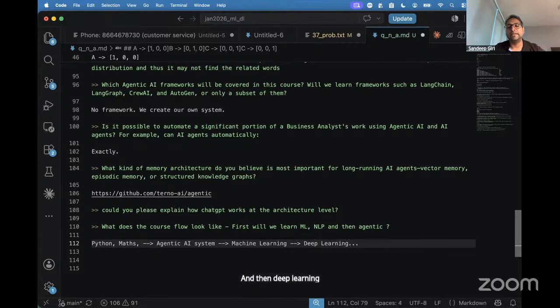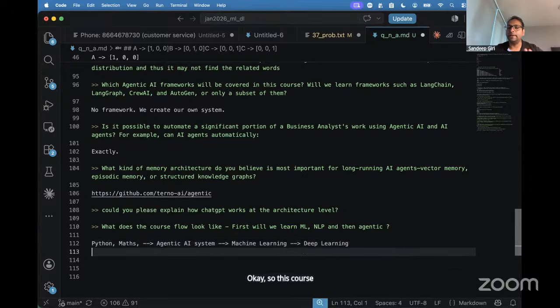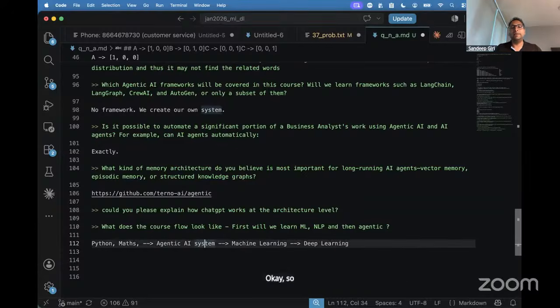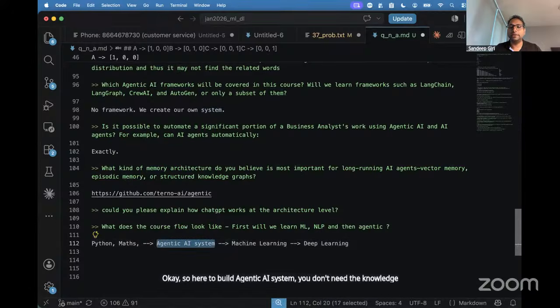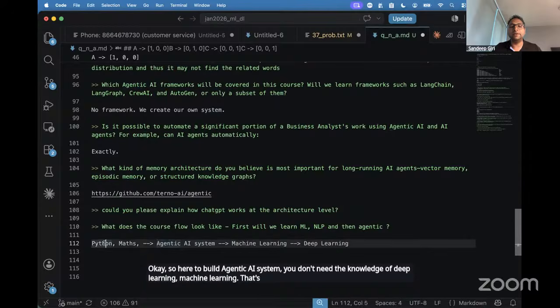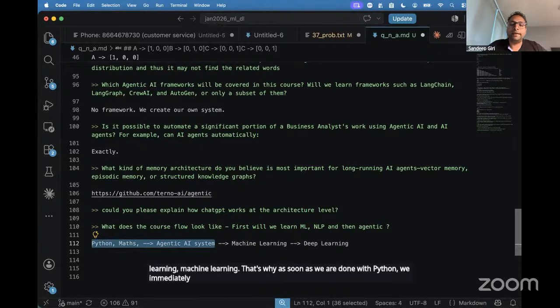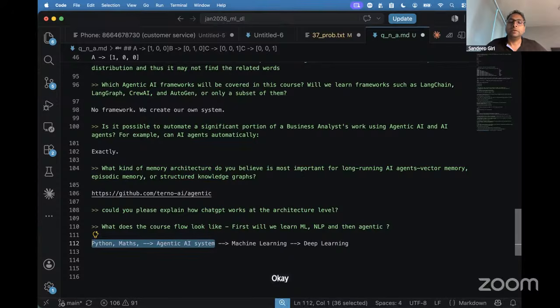And that's it. So that's the course flow. Okay. So this course is not about using AI. This course is about building AI, right? So to build agentic AI systems, you don't need the knowledge of deep learning, machine learning. That's why as soon as we are done with Python, we immediately move on to building the agentic AI systems. And then we move on to machine learning and deep learning.